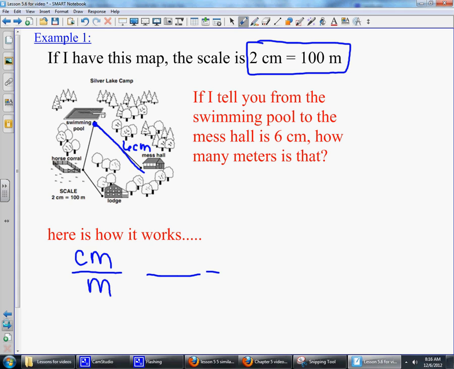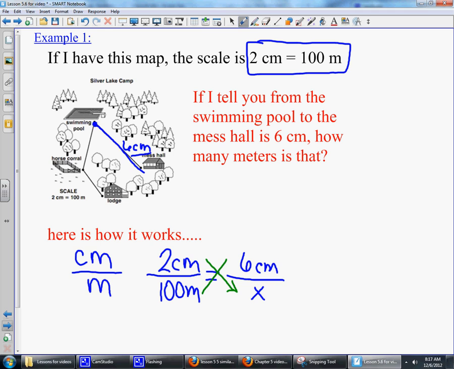So the first part of our proportion, we're going to take the scale. So we have 2 centimeters over 100 meters. So then we're going to look at our drawing, and we know that it's 6 centimeters in the drawing. We want to know how many meters is the distance from the swimming pool to the mess hall.